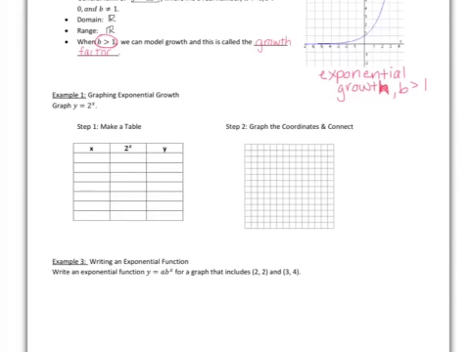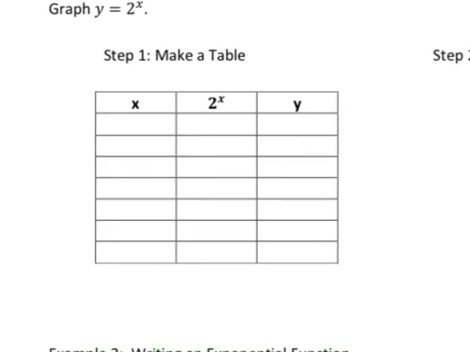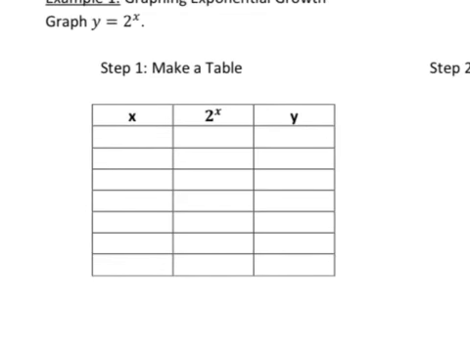Let's graph one. We're going to pick some X's, plug them in, and find y. Let's make a list here. Start with -3, and go all the way to +3.